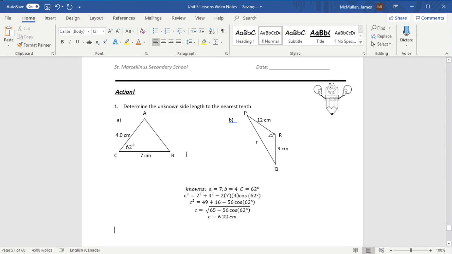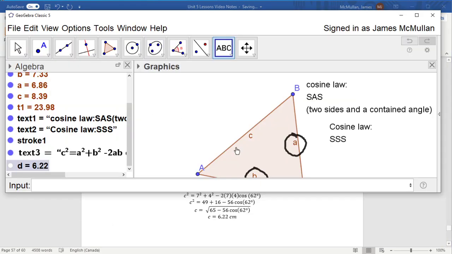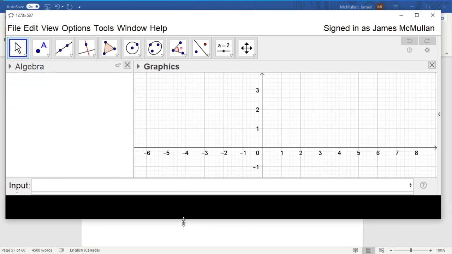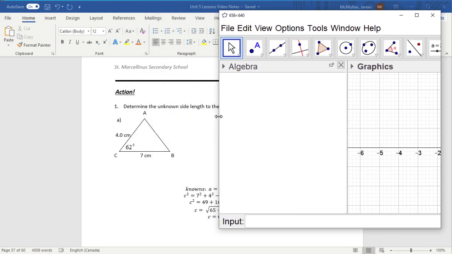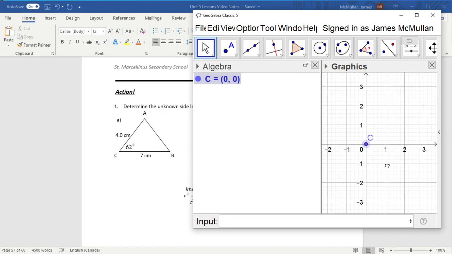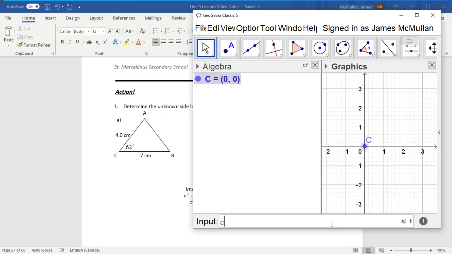Okay, now is there a way I could check this, see if it worked? So how do you draw this triangle using geometry software? So let's see how you would draw a triangle with these correct dimensions. What I'm going to do is I'm going to put point C at 0, 0. Now I need another point B, which is easy to get. It's just going to be at 7, 0, right?